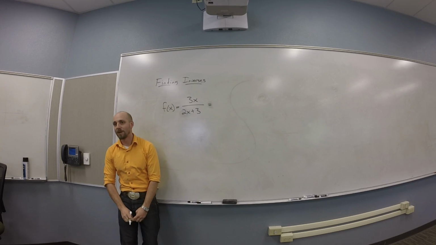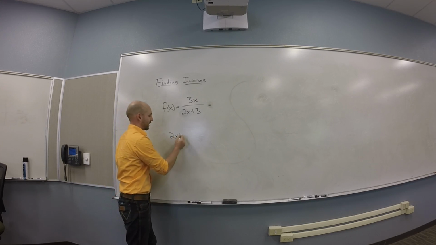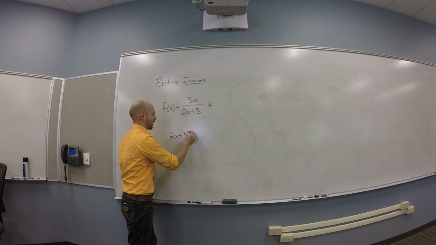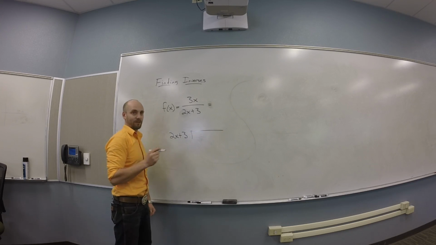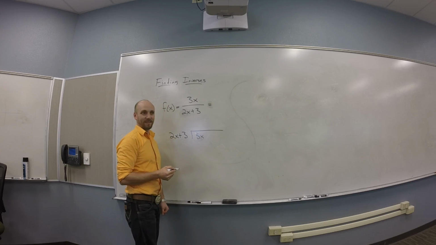I want to make this thing into a more convenient form, so I could take 2x plus 3 and try dividing it into 3x. You guys see that?